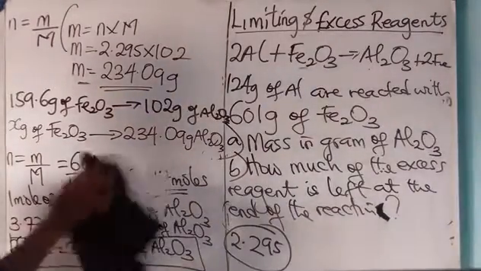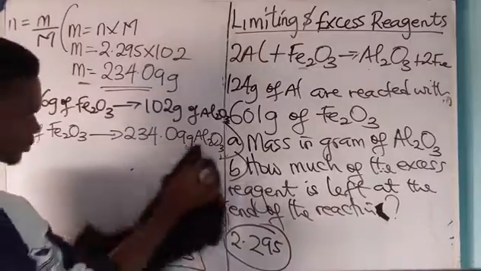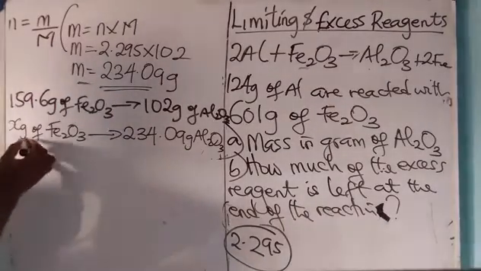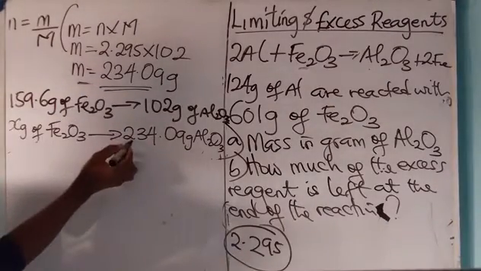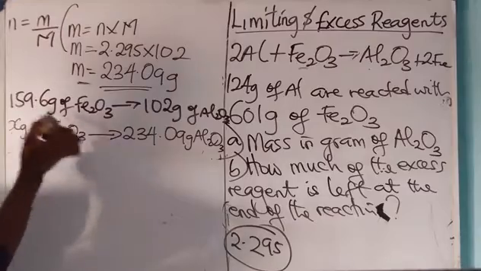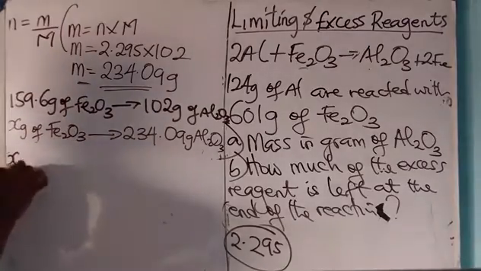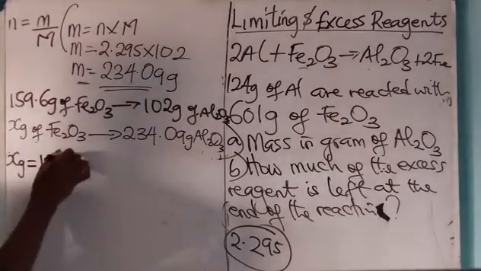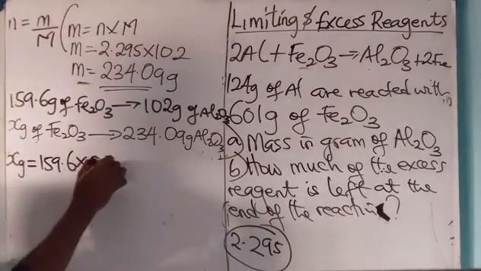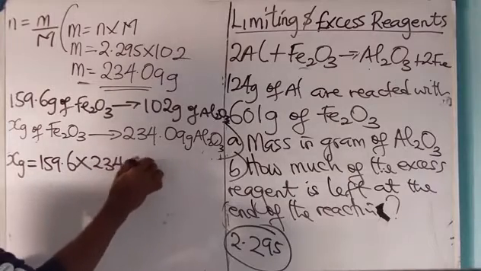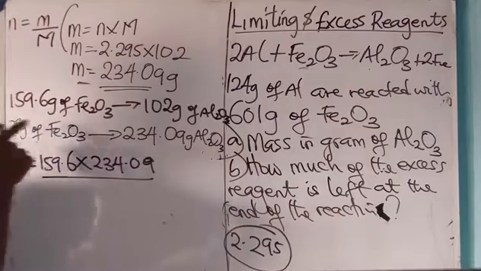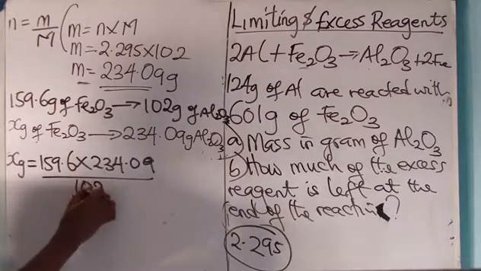So what do we do next? We cross multiply as usual. So in doing that, you say this times this divided by, you have to cross multiply. So which means that S gram equals this times this, 159.6 times 234.09 divided by 102 gram.